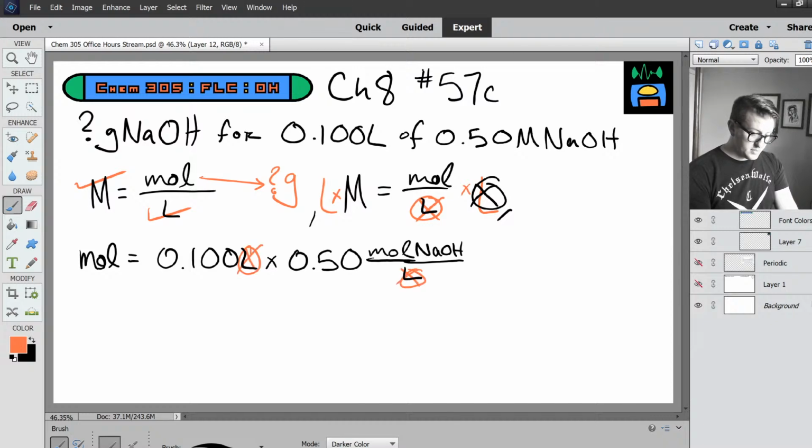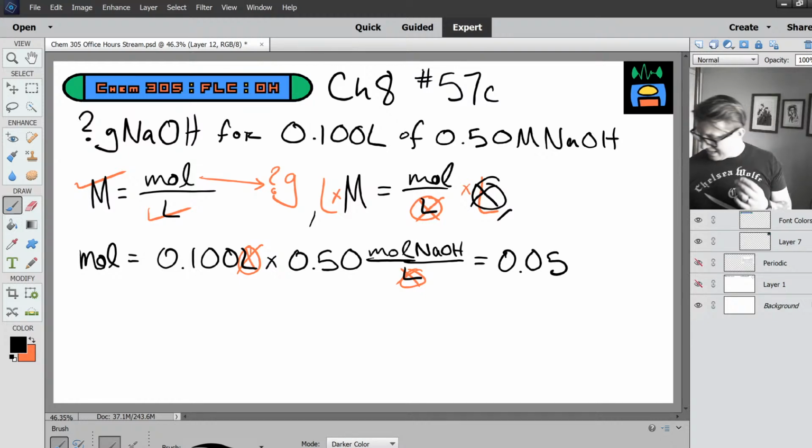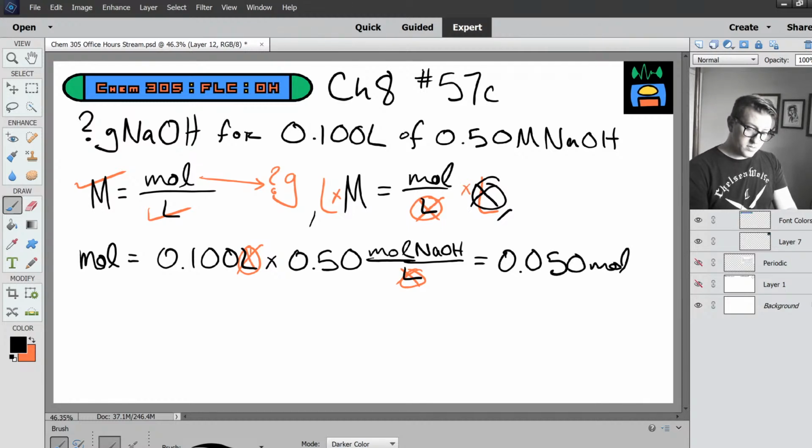Volume cancels, and so we have 0.05, I think. Yeah, 0.05, let's see, 2 sig figs, moles of NaOH. All right, so now we have to convert from moles of NaOH to grams.